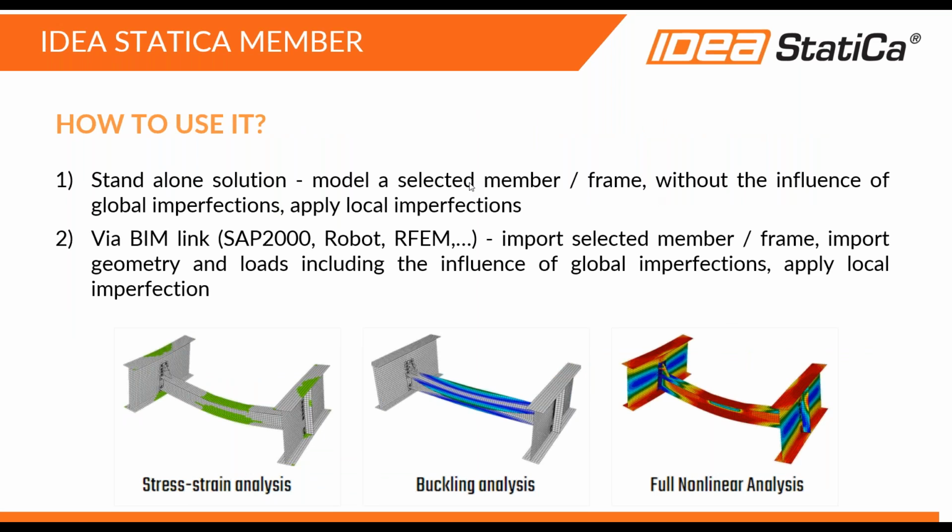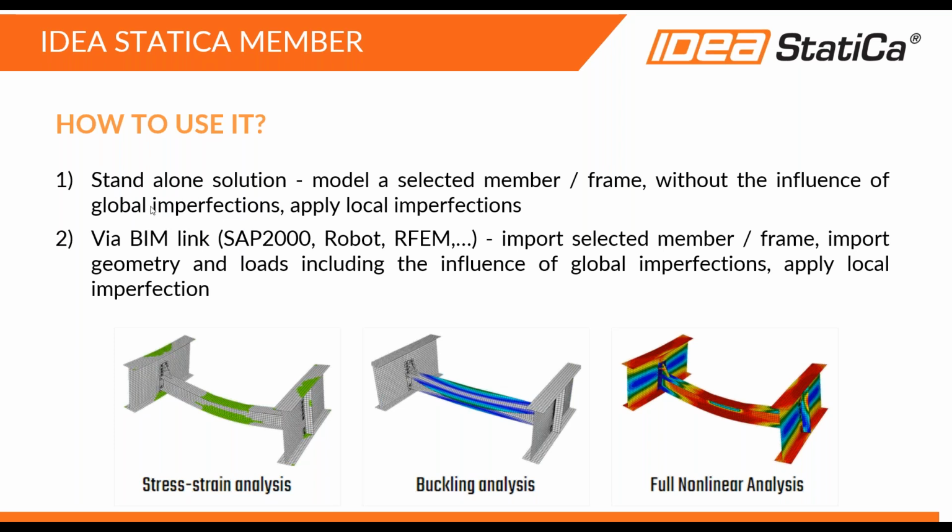So just concluding with some additional information for you, how to use IDEA StatiCa Member. If we remind about the global and local imperfections, that takes part here. So if we use Member as standalone, that's the way I did, just create a model from scratch, we don't have the global imperfections because they are applied on the global structure in your SAP 2000, ETABS, RFEM, SCIA, or Robot, other softwares, right?